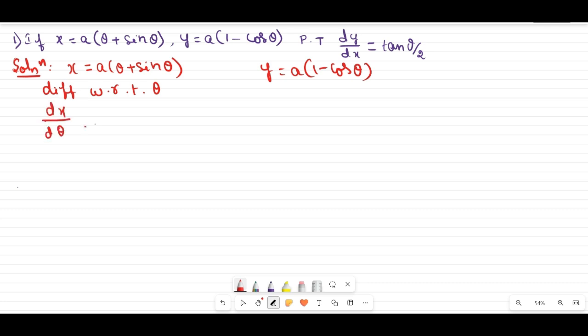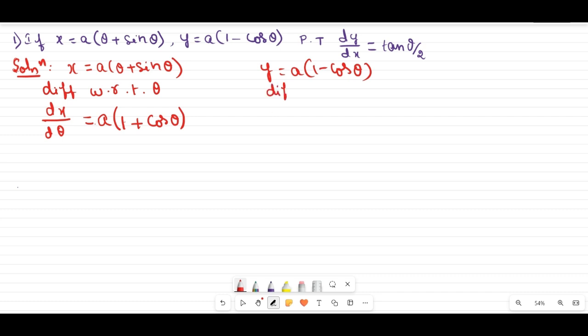If you differentiate x with respect to theta, we must write dx by d theta. Be careful, dx by d theta. a is a constant, keep that constant as it is. The derivative of theta is 1, plus the derivative of sin theta, which is cos theta. This is dx by d theta.